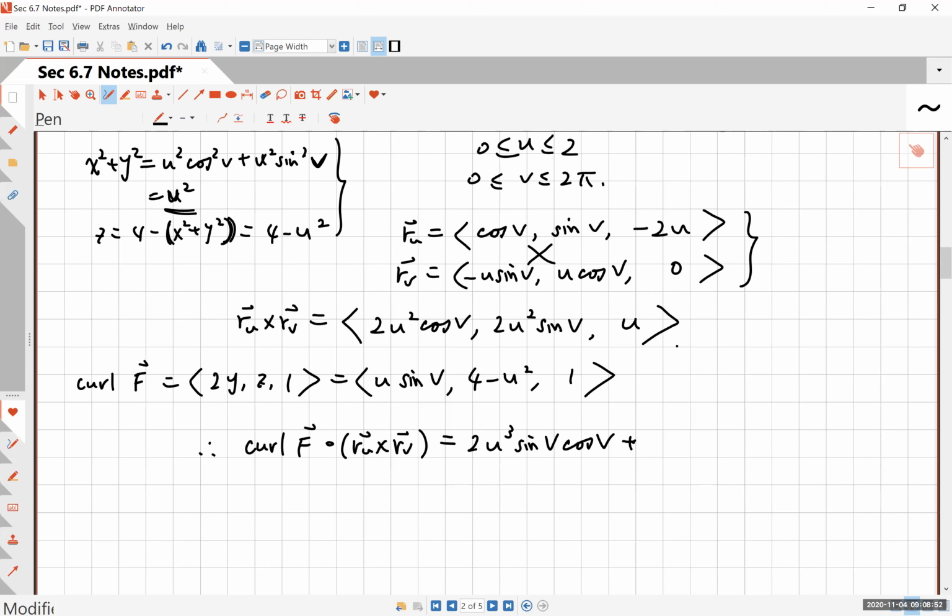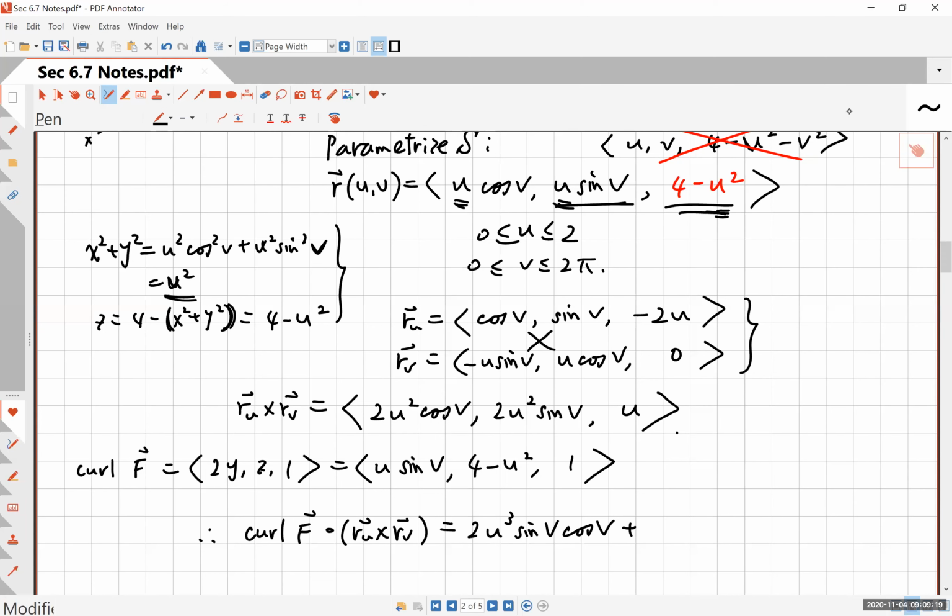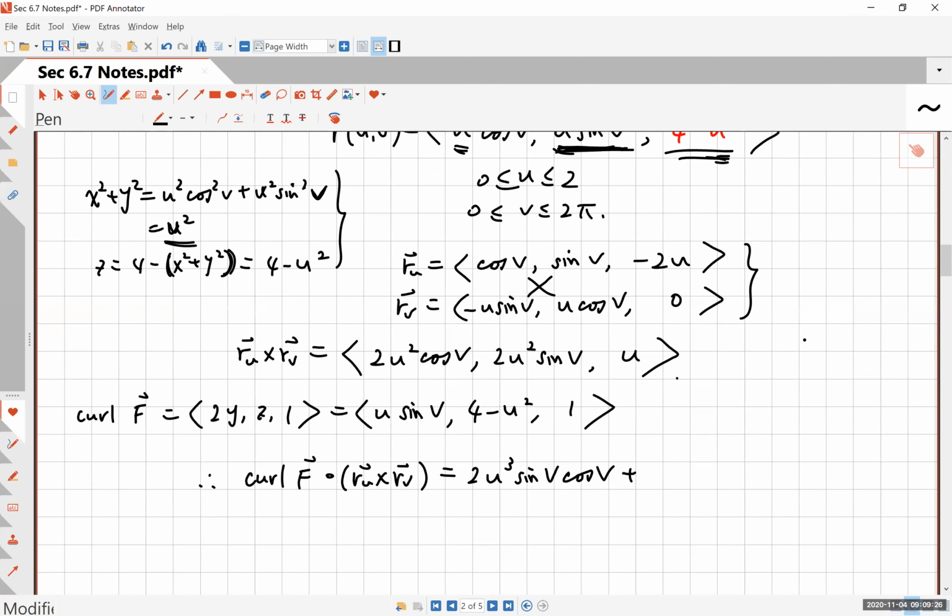Let's see what we can come up with. Hold on a second. Going back one step here, y was u sine v, so I have 2y here, which means I have to have 2 of these. So it's 2u sine v.